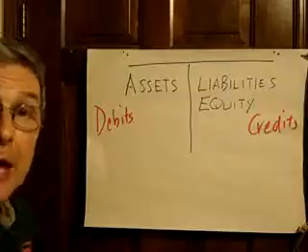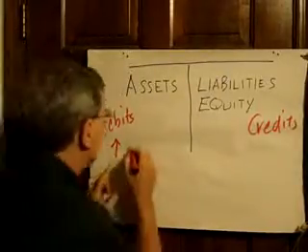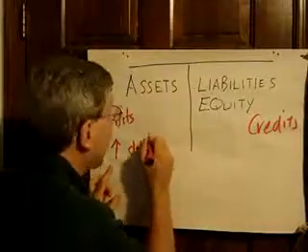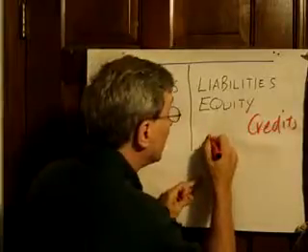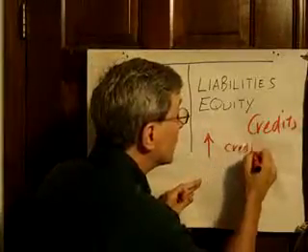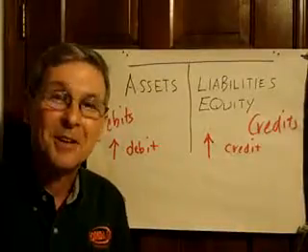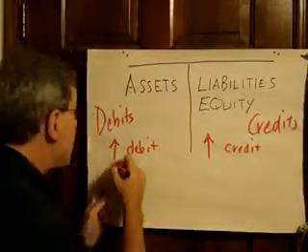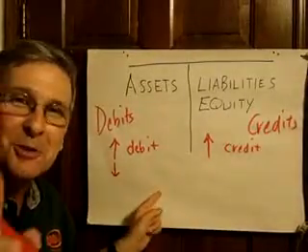Let's say this. When an asset goes up, we're going to call that a debit. And when a liability or an equity goes up, we're going to call that a credit. Okay, let's take it another step further now. When an asset goes down, we're going to call that the opposite of a debit, which is what?